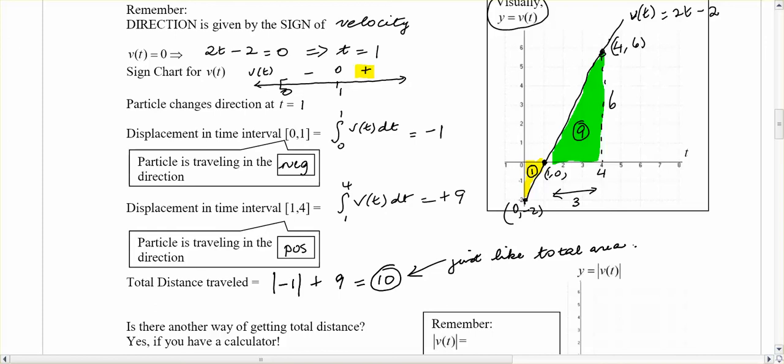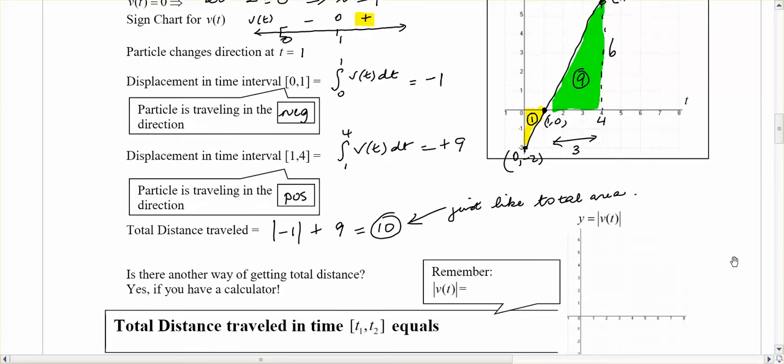If I want total area, then I take the integrals separately for any areas underneath the curve, and separately any areas above the curve, and add absolute values together. Is there another way of getting total distance? Yes. Again, this is very similar to what we did when we did total area.